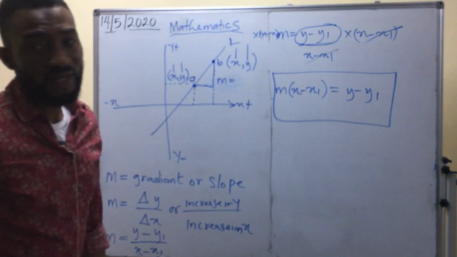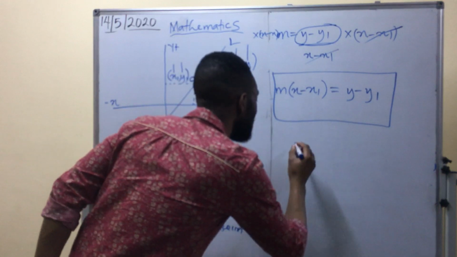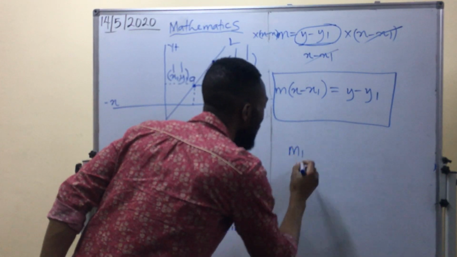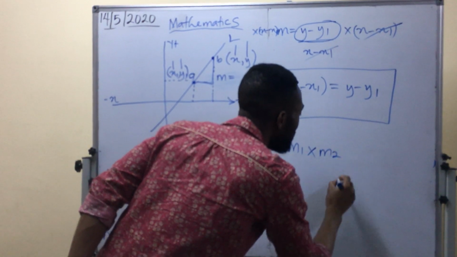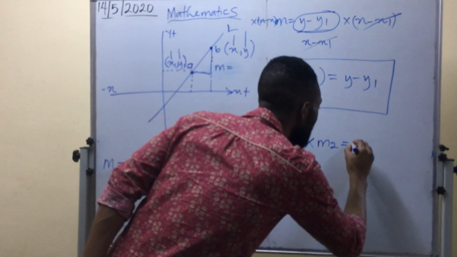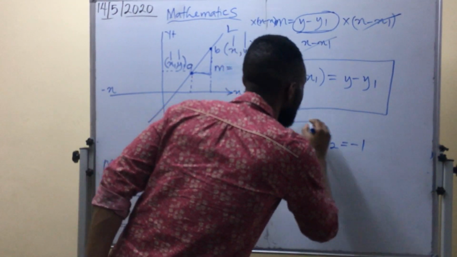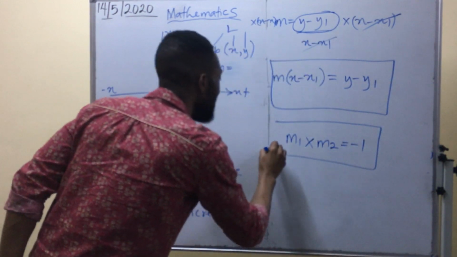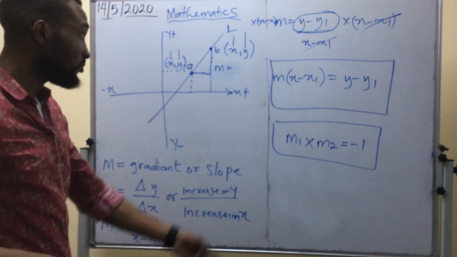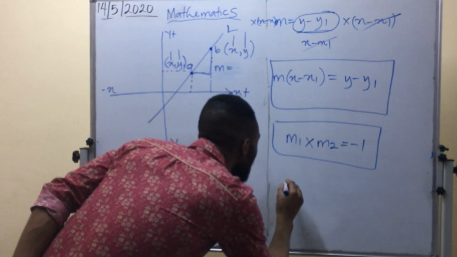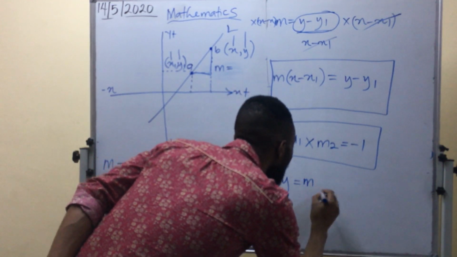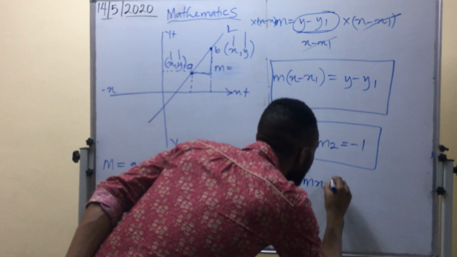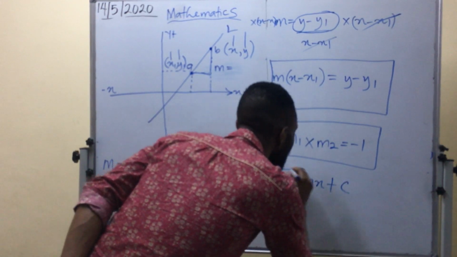And there's another formula that says m1 times m2 is equal to minus 1. You bear this in mind as well. And then you have the last formula that says y is equal to mx plus c.